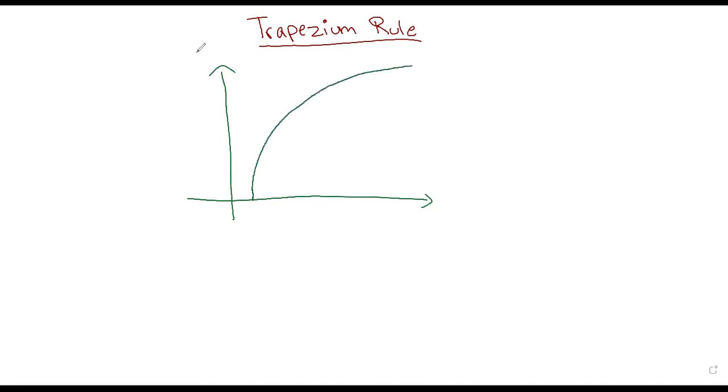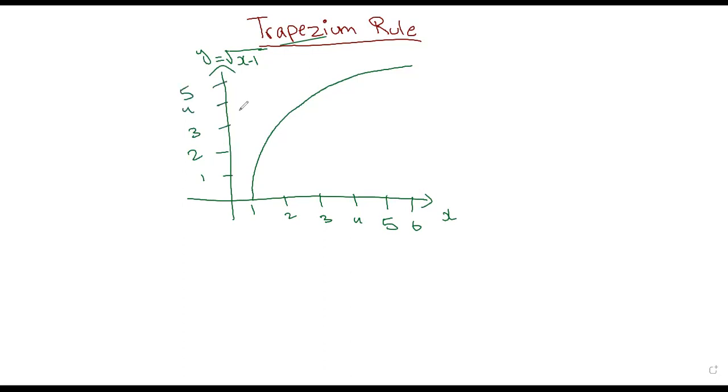This is y, this is x, and y is any function of x. This is a curve. This is 1, 2, 3, 4, 5, and 6. And we have some values of y over here as well.